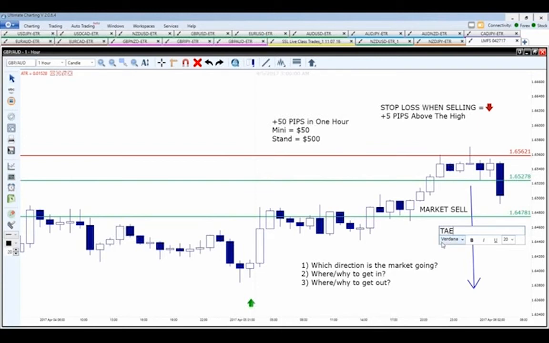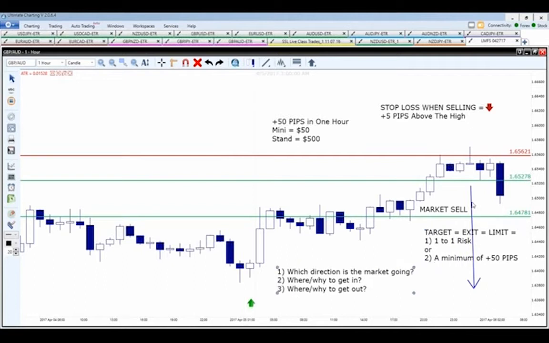So our target, which once again equals our exit from this position, which equals our limit, is going to be either 1, a 1-to-1 risk ratio, or 2, a minimum of plus 50 pips. Same thing as what we did on the previous trade, only this time we are selling the market.